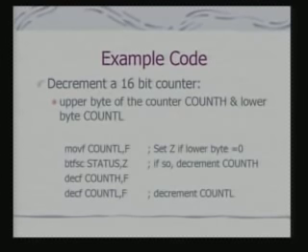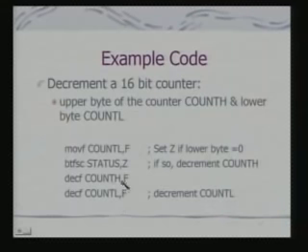So, obviously, if I have to implement a 16-bit counter, what do I need to do? I need to use 2 memory locations and not 1, because each memory location is of length 8 bits. In this case, I am using 2 locations, one I am calling count H and another I am calling count L. I am decrementing count H and count L, and here I am checking whether count L is 0.